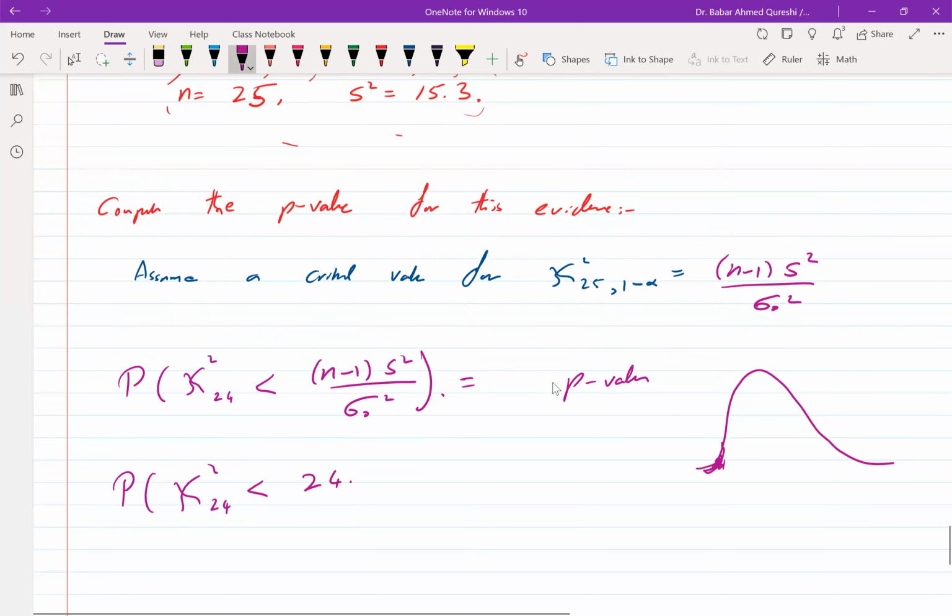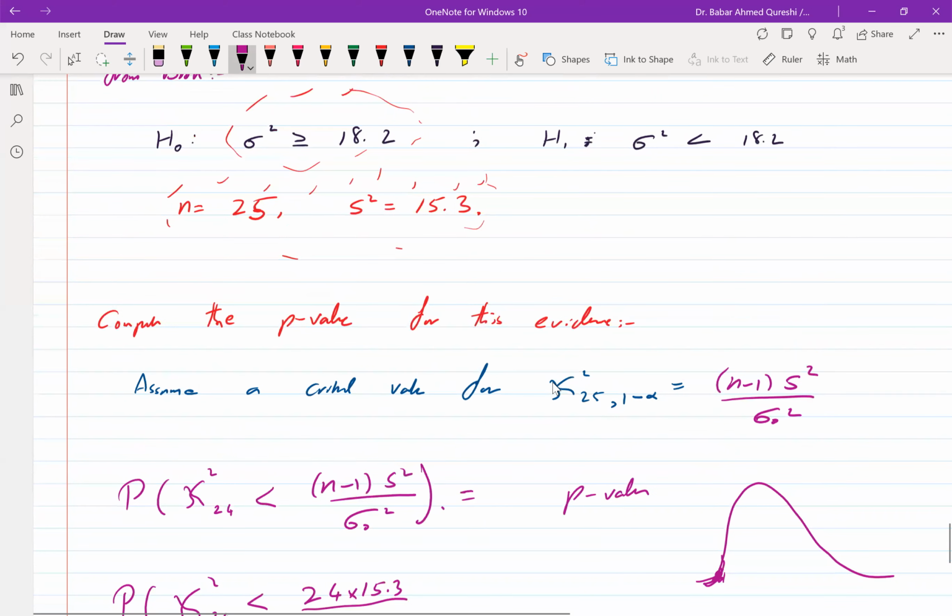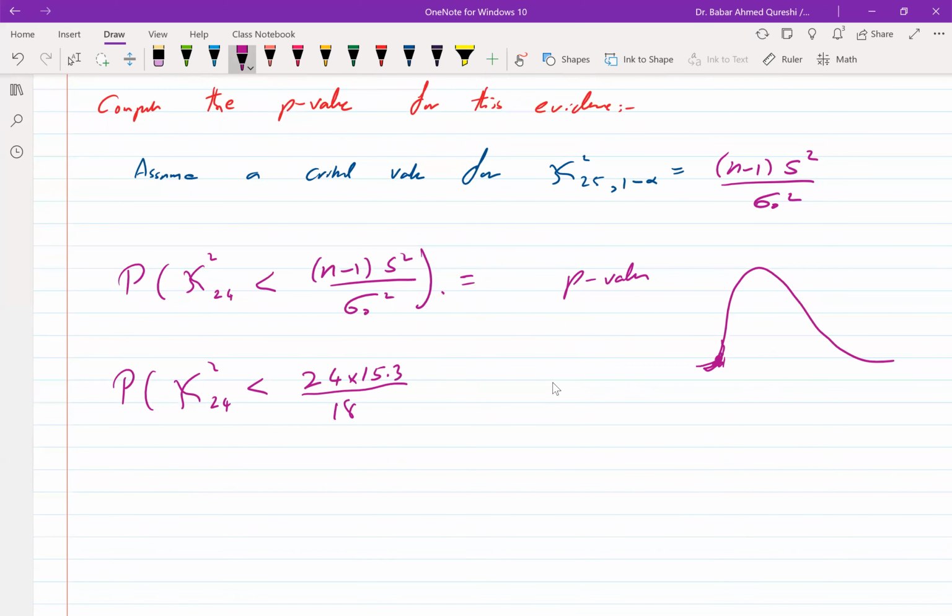So I get 24 times 15.3 divided by 18.2. Chi-square 24 less than this number, which is 24 times 15.3 divided by 18.2. So this gives me 20.17.